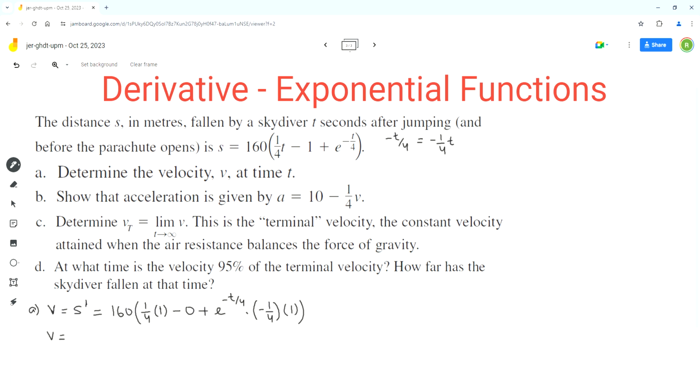So 160 will stay as it is. Now in the parentheses, in the first term, 1 over 4 times 1 is 1 over 4. The 0 goes away. And in the next part, negative 1 over 4 times 1 is negative 1 over 4 times e to the power negative t over 4. Now we can simplify this expression by factoring out 1 over 4 from both terms in the parentheses.